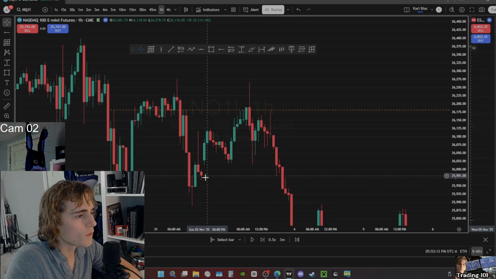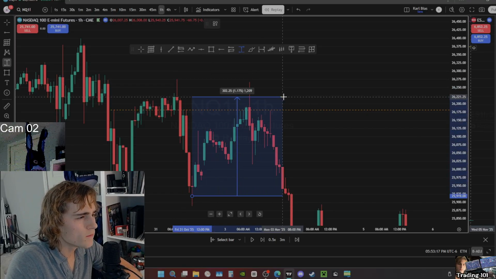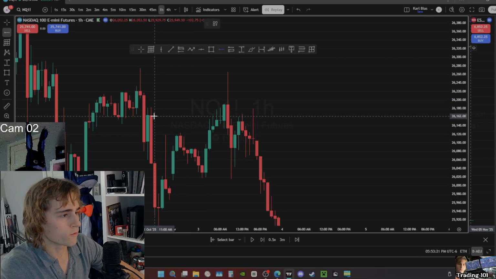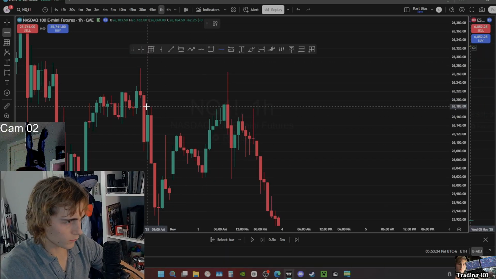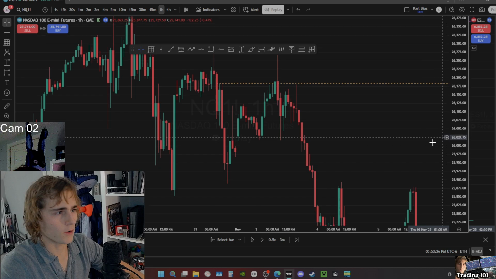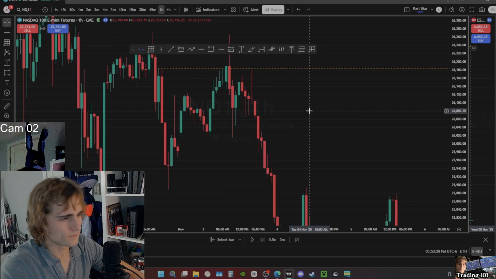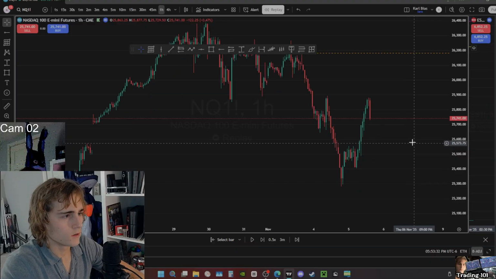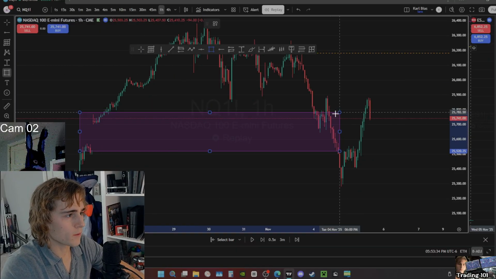Neither did we come all the way up to grab this point, but we indeed did grab this point, and apparently that was enough to just move down all the way into this big weekly opening gap.